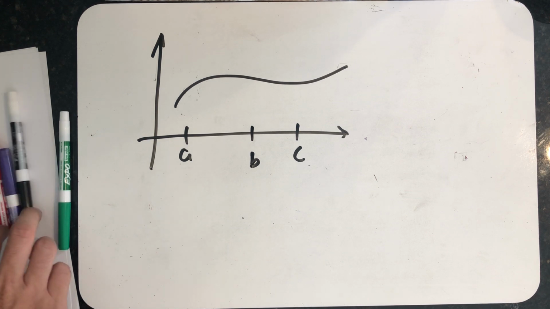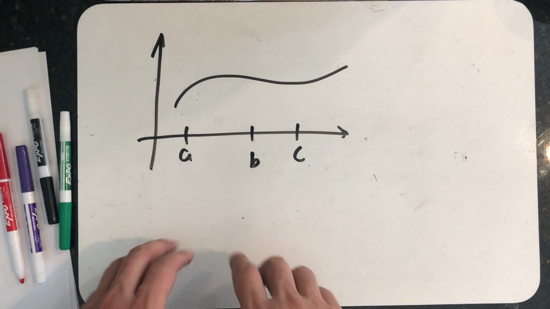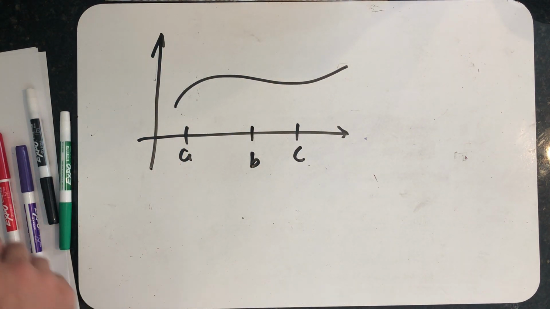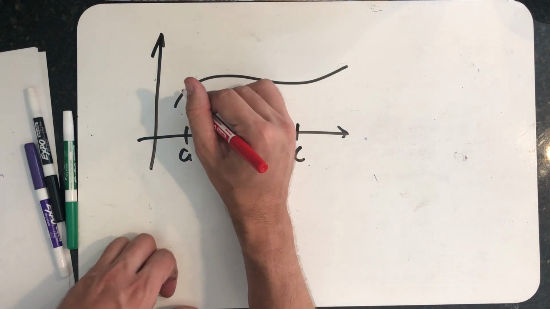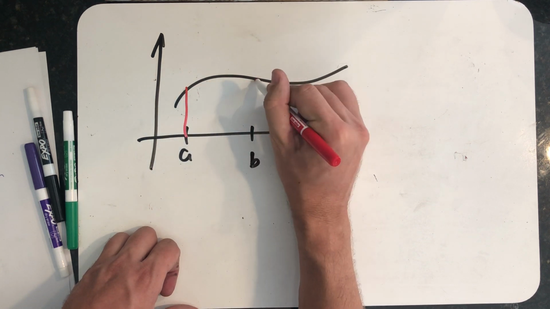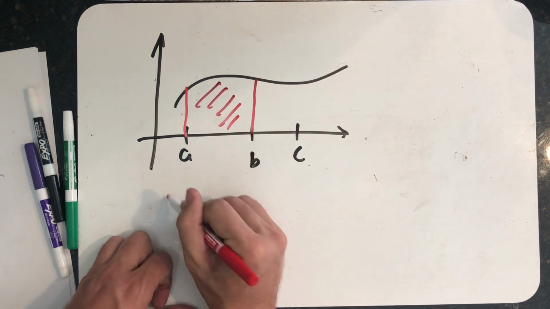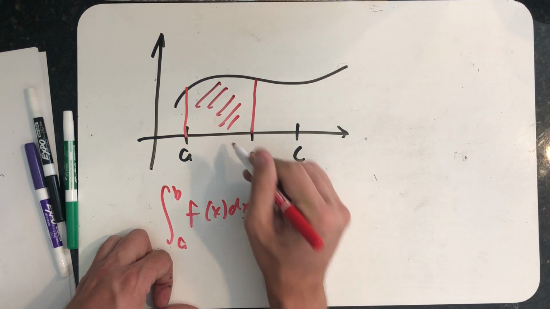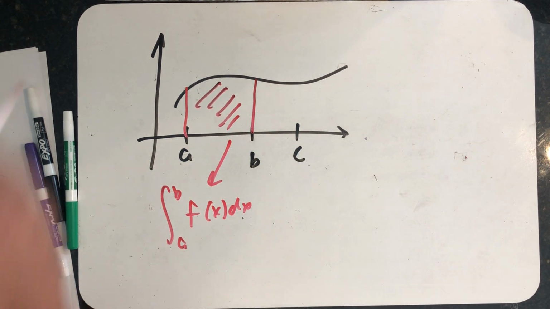Where now I'm not just integrating from a to b with c in the middle. It looks like c is larger than b. So the integral from a to b of f of x dx would be that shaded region.